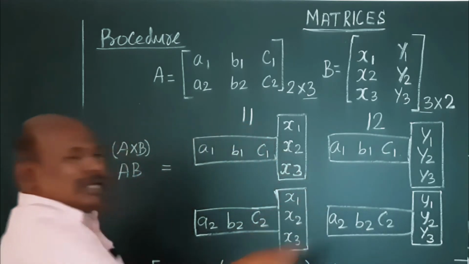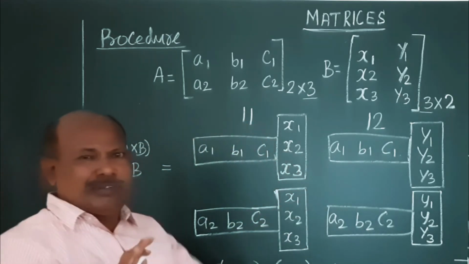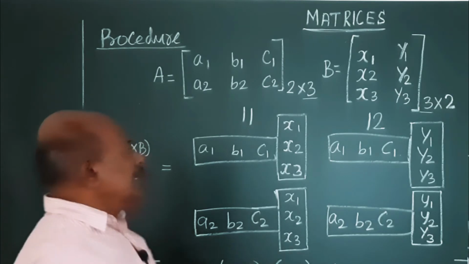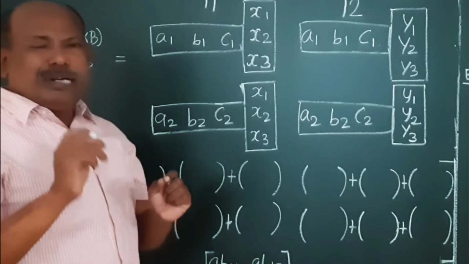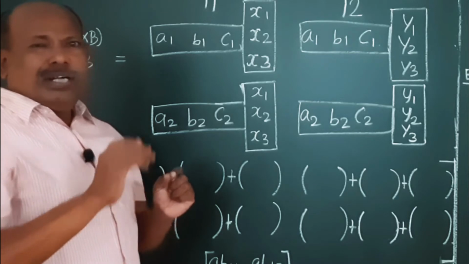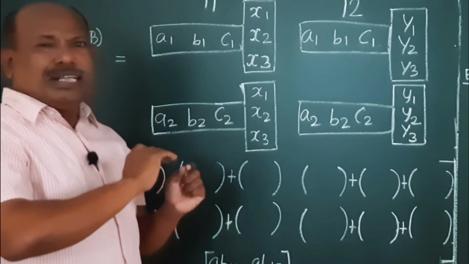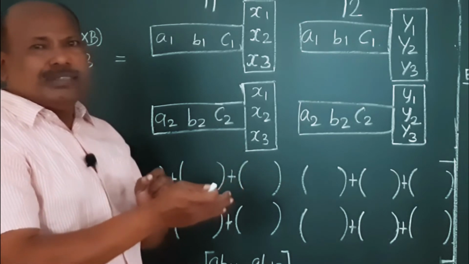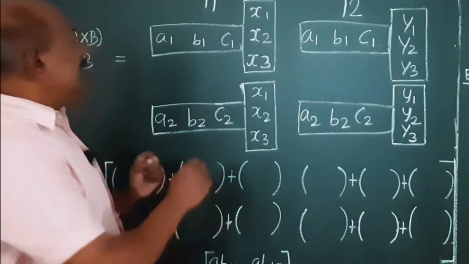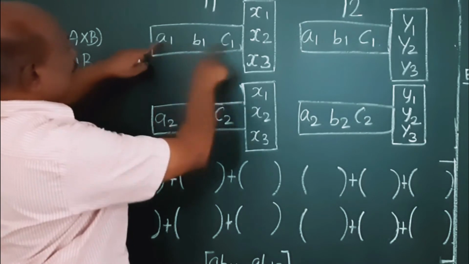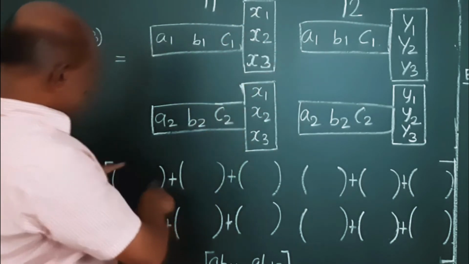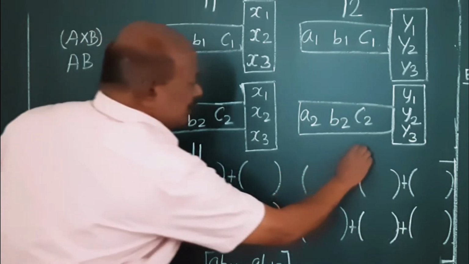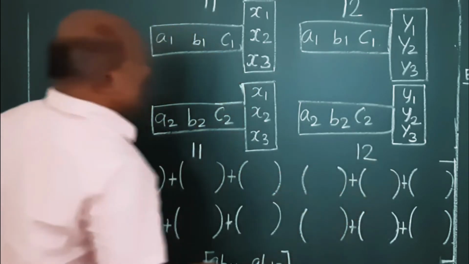Now I am going to give the procedure for multiplication of the given matrices. The multiplication is of row elements and the corresponding column elements. This is the first row, first column, and this is the first row, second column.